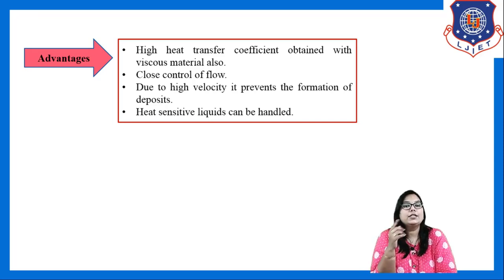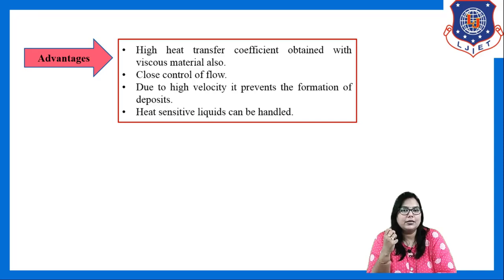While the natural circulation evaporator we are not using in the majority of cases for viscous material, because what is the main reason behind it? In natural circulation evaporation, the velocity of the liquid is less, while in forced circulation evaporation, the velocity is high, and for viscous material, we require high velocity.